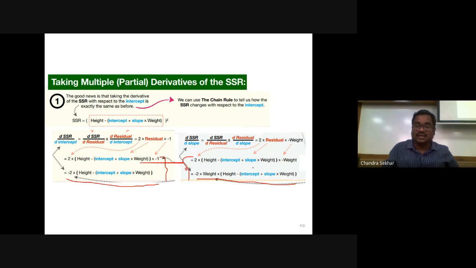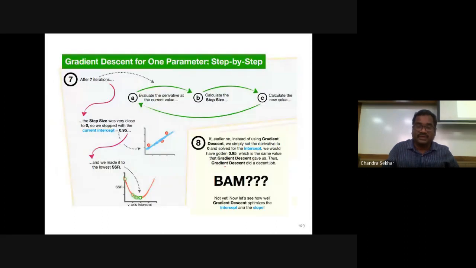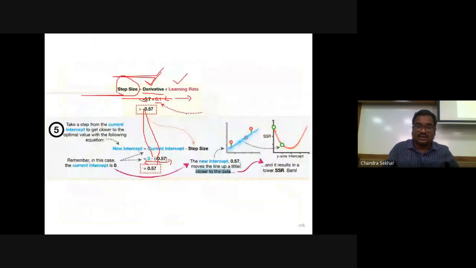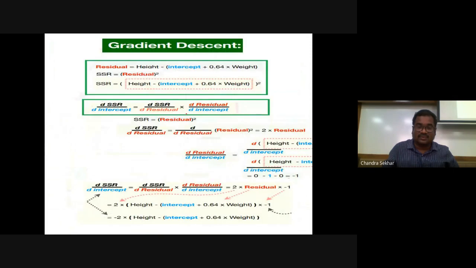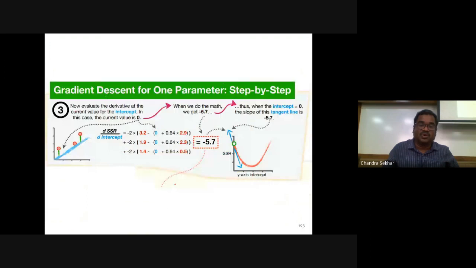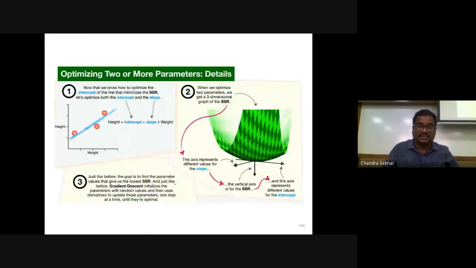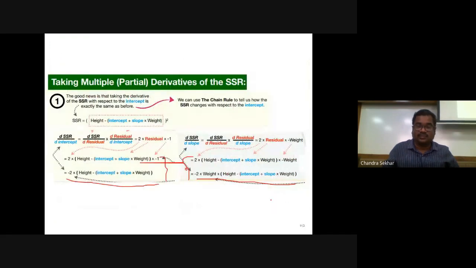Now if you see the earlier formula, once we fix the 0.64 value, this is the impact value we got. See, here there is no slope, because the slope we already fixed. So only the intercept we need to consider. But when we are working on both intercept and slope, the formula has both intercept and slope.